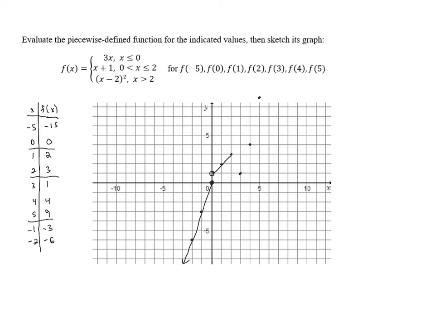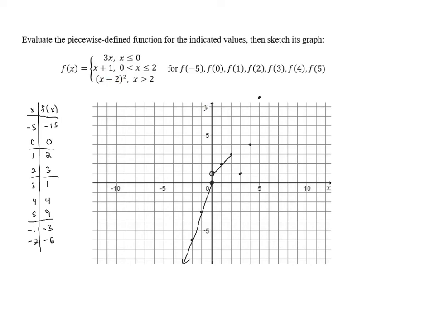So here's what I want to do. We know that the end point is going to be at x equals 2. It's just going to be an open circle. So I want to evaluate this when x equals 2. When x equals 2, we've got 2 minus 2, which is 0, and 0 squared is 0.